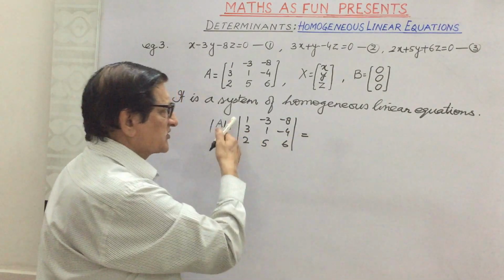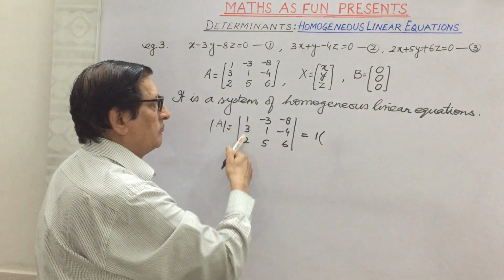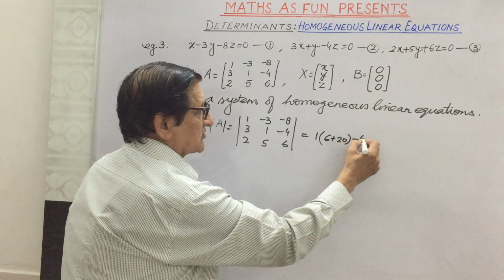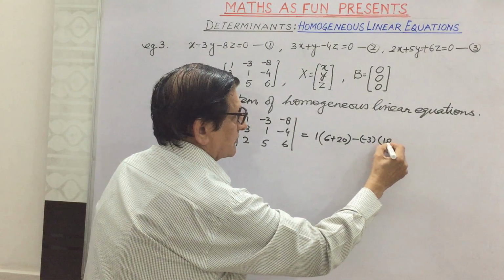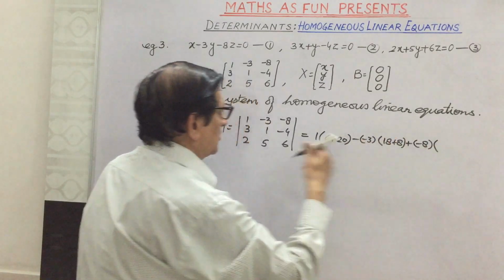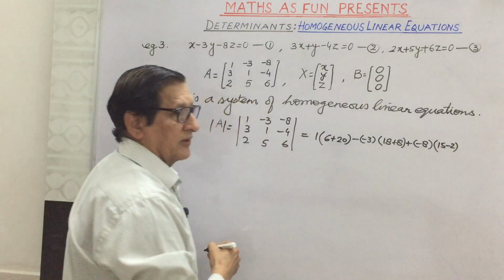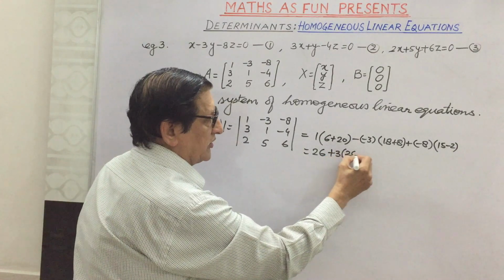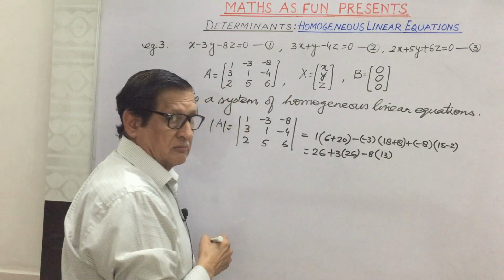This is equal to, if we expand it along row 1, it is 1 into 6 plus 20, minus 3 into 18 plus 8, plus minus 8 into 15 minus 2, which is equal to 26 plus 3 into 26 minus 8 into 13.